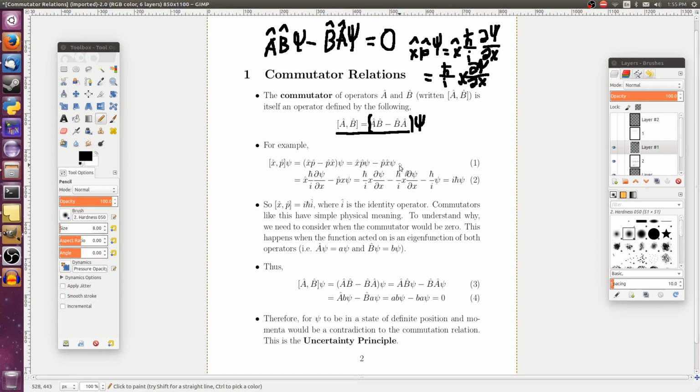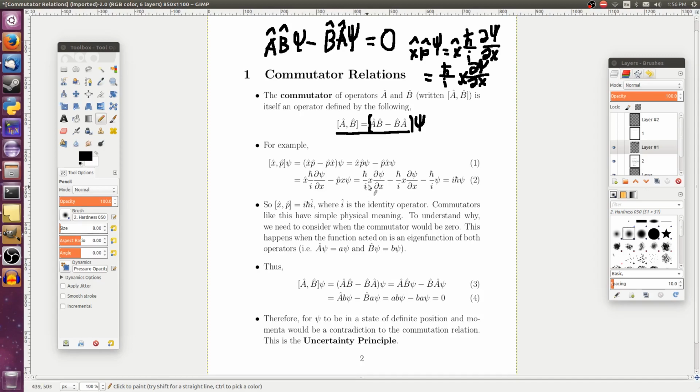Now, if I look at the other side, so if I look at acting with x first, then acting with p, it's not going to look like what we just got when we acted with p first, then acting with x.